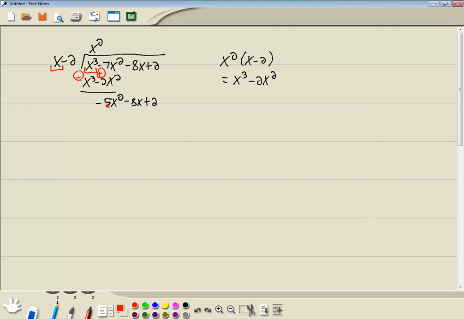And we continue the process. Take a look at the first term of each, decide what to put up on top. You ask yourself what times x gives you negative 5x squared, and that'd be negative 5x. And again, whatever we put up on top, we're going to multiply by what's out in front. So we'll take negative 5x times x minus 2, which gives us negative 5x squared plus 10x.